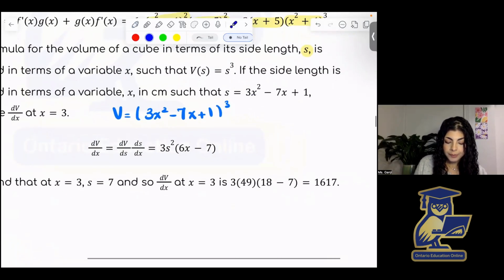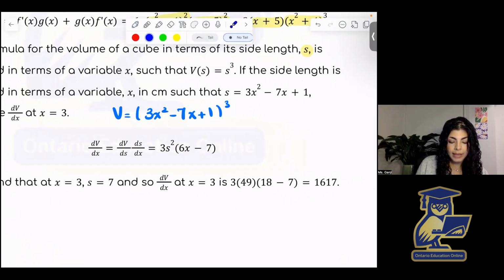So here, dV/dS is just 3S squared. And dS/dx, which is the derivative of this internal function, 3x squared minus 7x plus 1, is 6x minus 7.